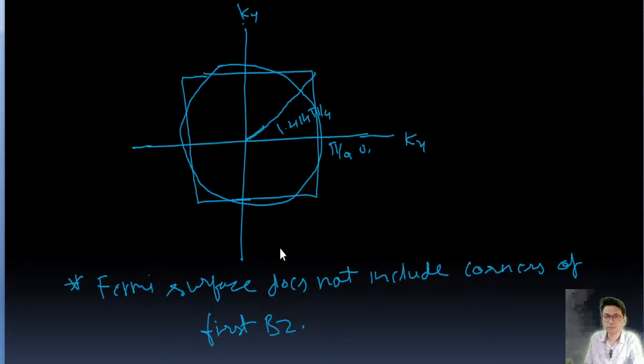Next, here I'll tell you a very important thing, then we'll solve a question. These are the Brillouin zones. If we have a circle like this, guys, if it is not looking like a circle, consider it a circle.